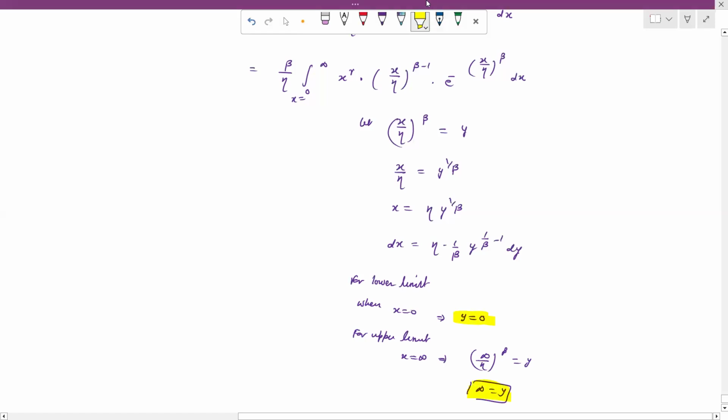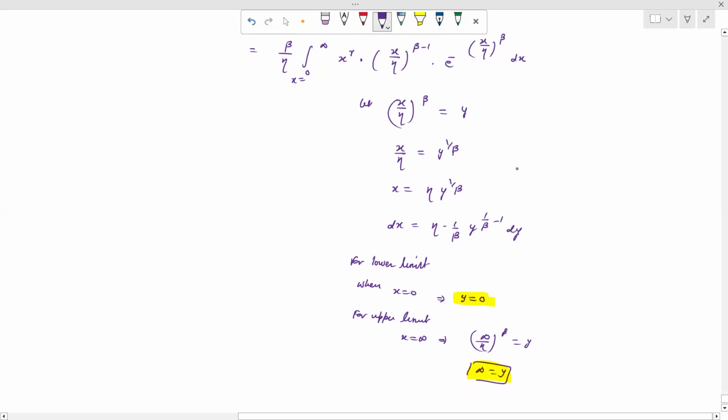Now we change the integration to y. So this is equal to beta upon eta, integration 0 to infinity. What is the value of x? The value of x is eta y raised to the power 1 upon beta.